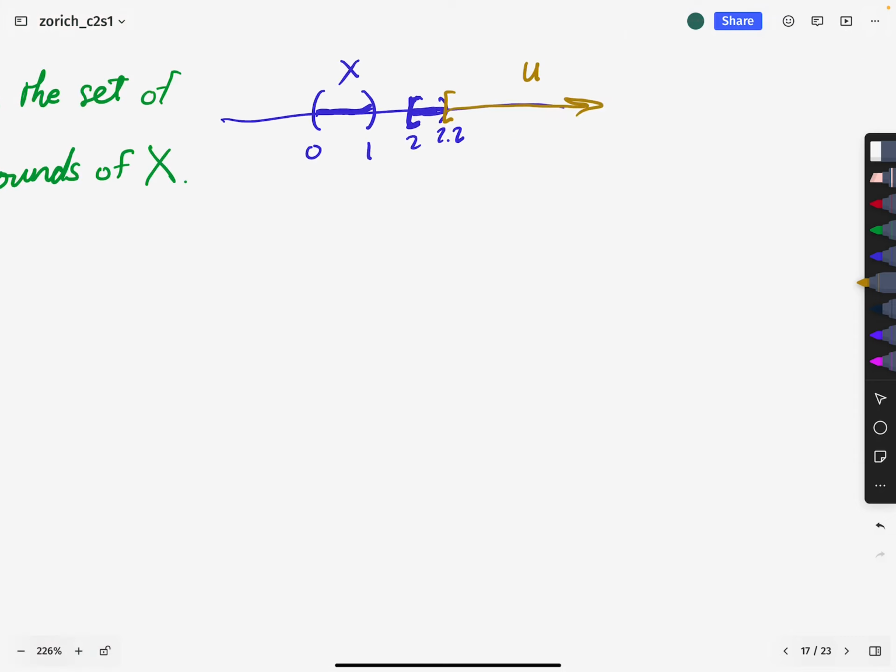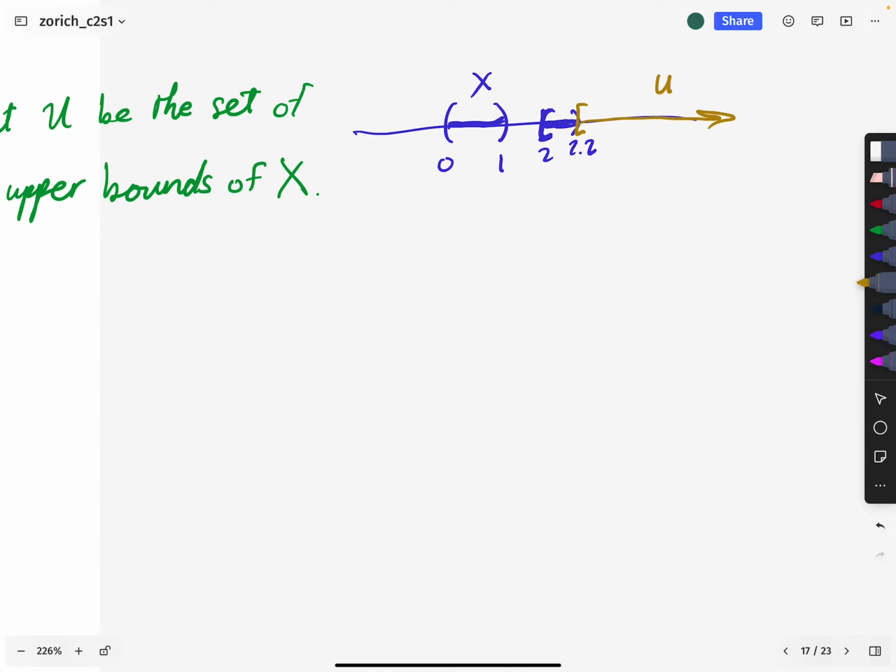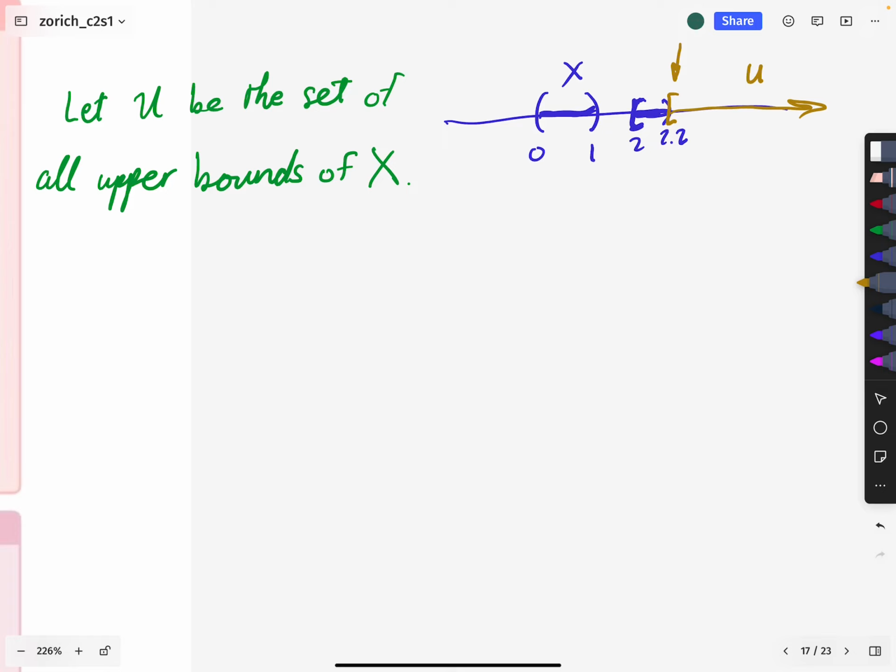And so what we want to do is argue that U has a minimum so that it basically follows that the least upper bound exists. I mean, that's pretty much just immediately the definition of the supremum of X.